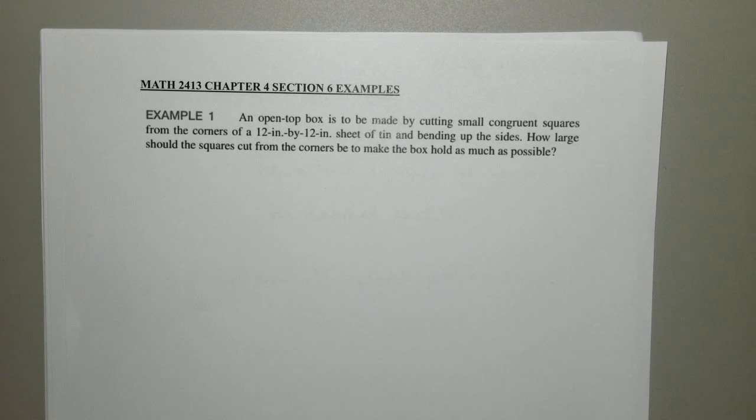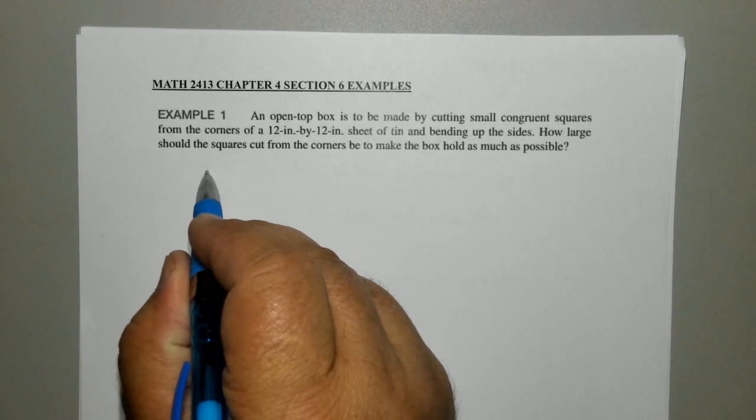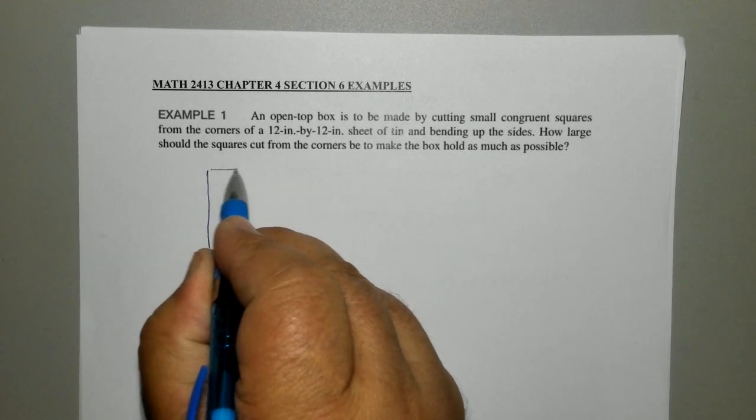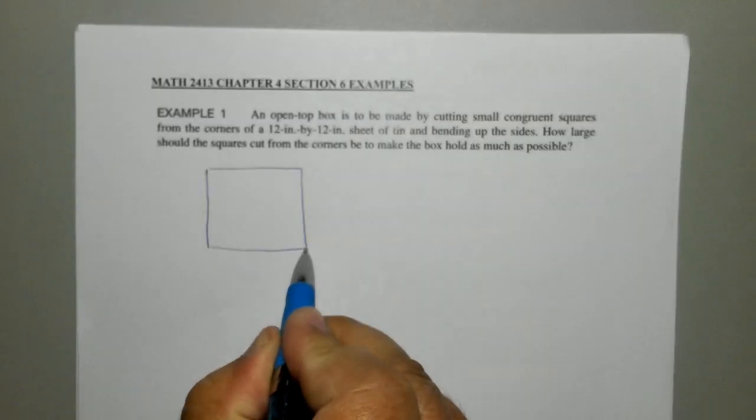Where do you start with this kind of problem? Draw a picture. Yes. So we have a 12 by 12 sheet of tin.